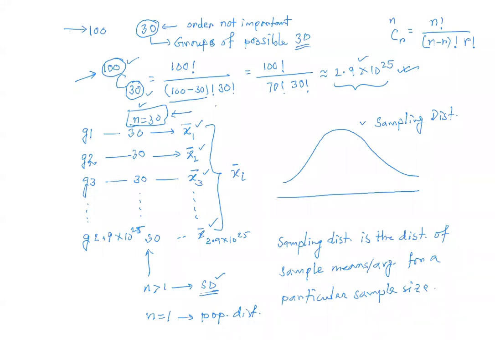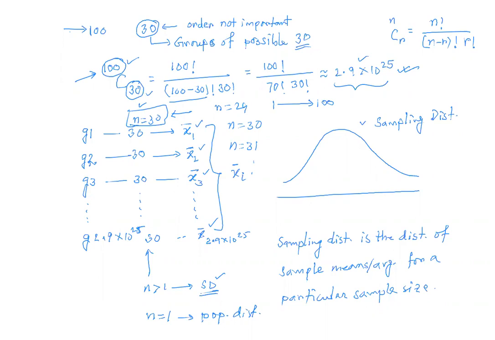You could have selected n equal to 29 if you wanted, that's fine. You could have selected n equal to 31. Anything is possible, all the way from 1 up to 100, because our hypothetical population has 100 students.